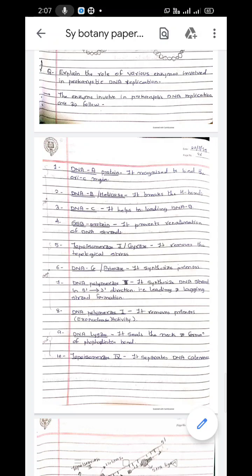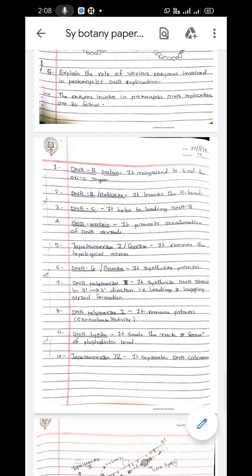Then the fifth enzyme used in this replication process is topoisomerase 2, or gyrase. This topoisomerase 2 enzyme helps to remove the topological stress. Due to the formation of replication bubbles, the force is transmitted towards the other DNA strands.